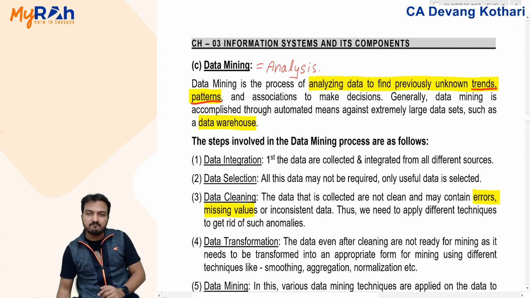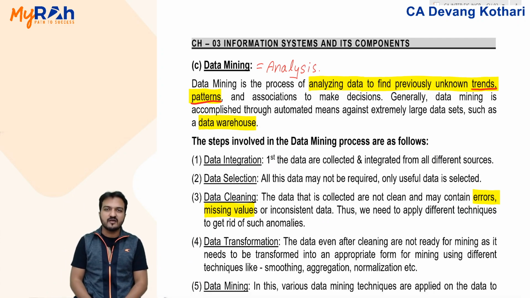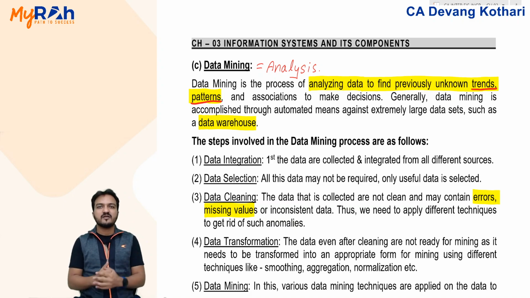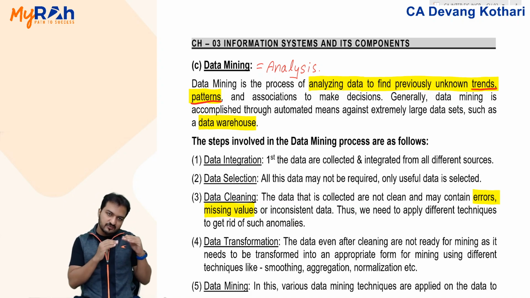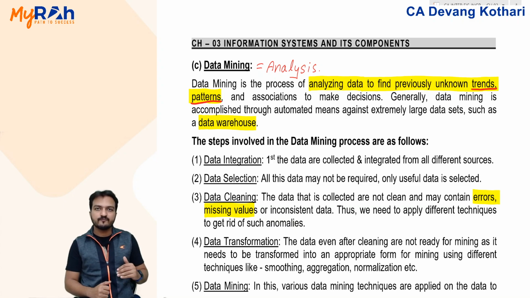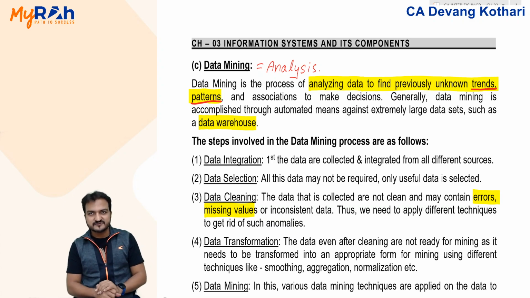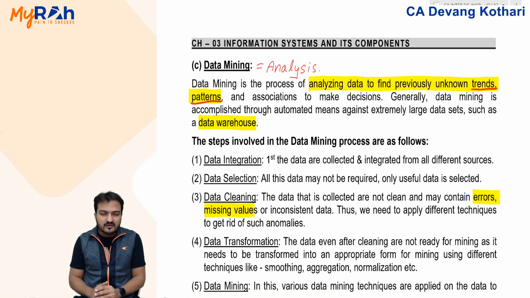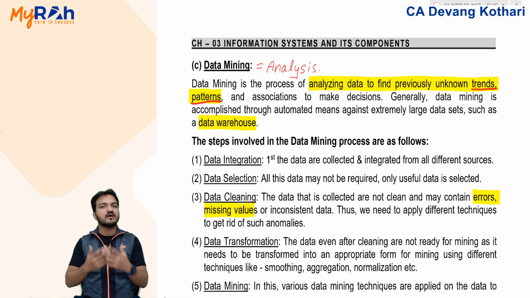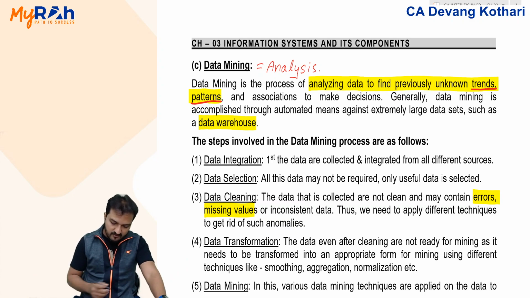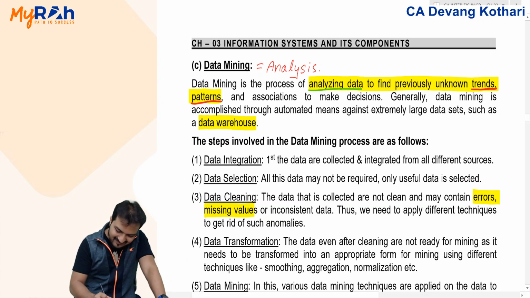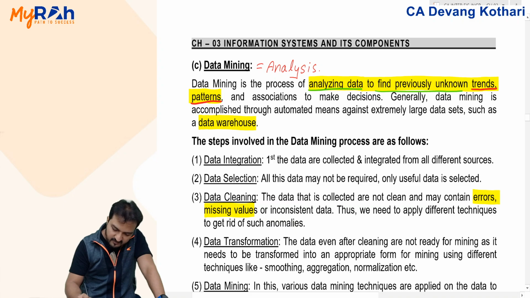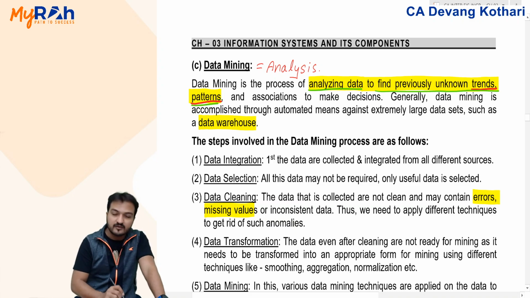Next, data mining. The third part under the advanced concepts in database, data mining. Data mining is quite similar to big data analysis, because data mining is also a method of analyzing data. Data mining is basically a type of analysis. So data mining means analyzing data to find previously unknown trends and patterns.